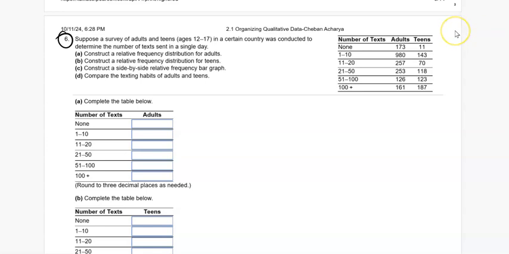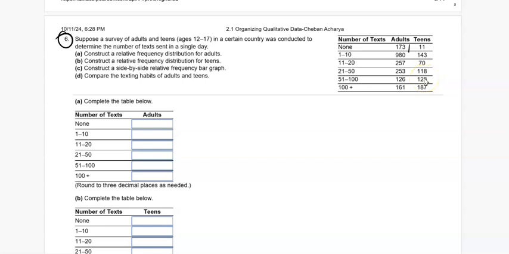You see the table. The question here is, we construct the relative frequency distribution for adults and the relative frequency distribution for teens in A and B. To construct that, let's find how many total adults are in the survey.